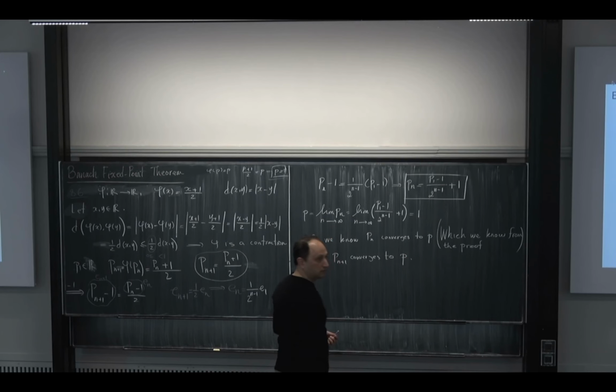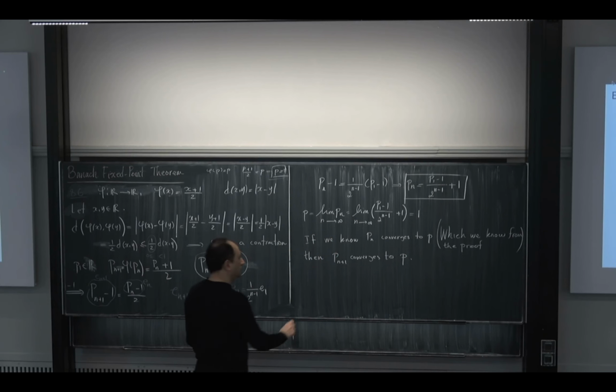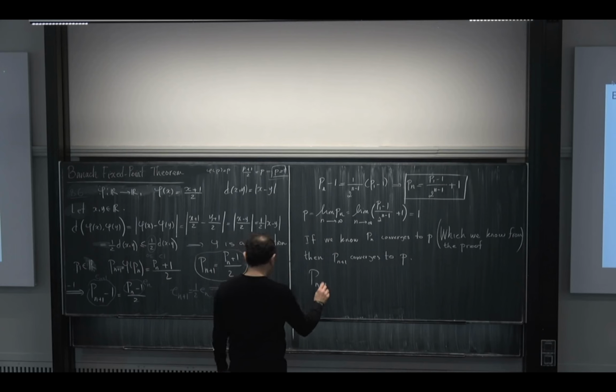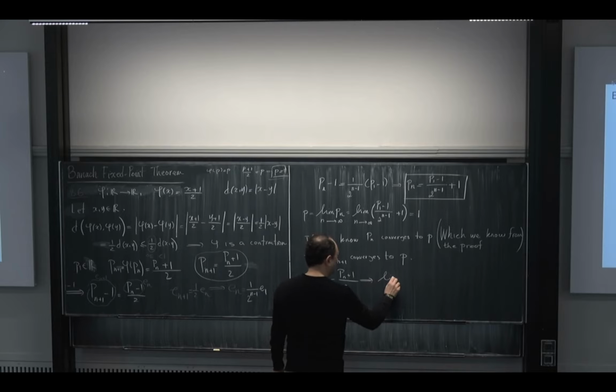P as well, because that's a subsequence. Okay, now what do I have? I have P_(n+1). Remember this, by the way, this is a very important trick. So I take the limit from both sides.